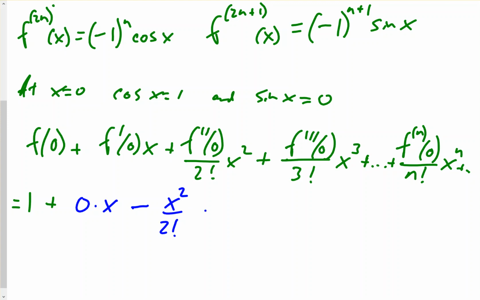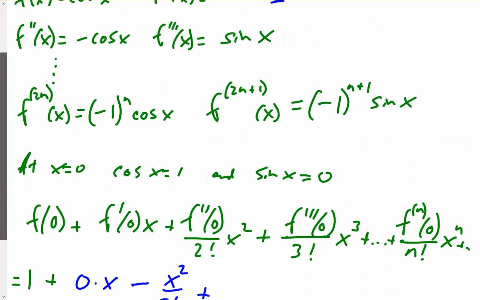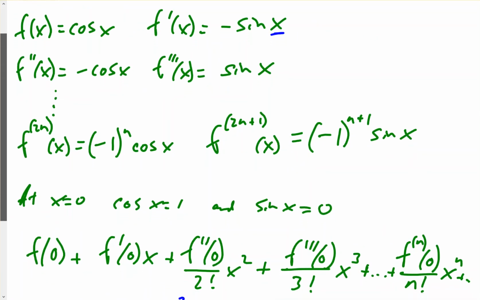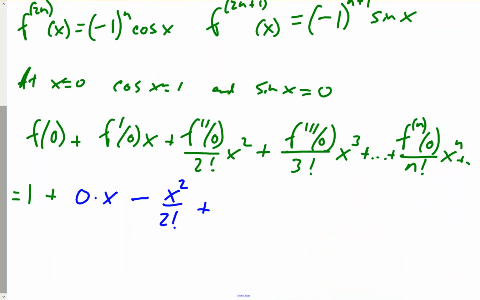Then it's going to alternate, and the third derivative is sine x, so that's 0 times x cubed. Okay, and then it would continue from there. It would be plus x to the 4th over 4 factorial, and so on and so forth.